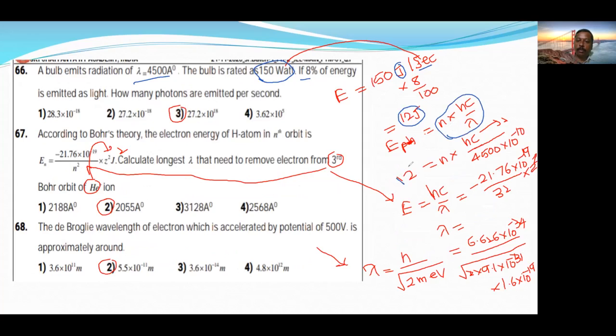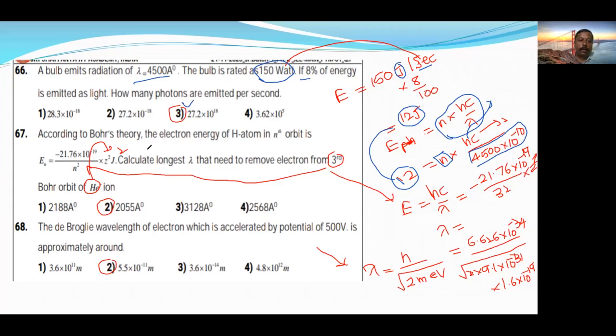Here the total energy per second we got is 12 joules, and the number of photons we have to find out. I think everybody knows the h value and c value. After substituting the h value and c value, 4500 angstrom, which is 10 to the power of minus 10 meter, you will get an answer of 3.